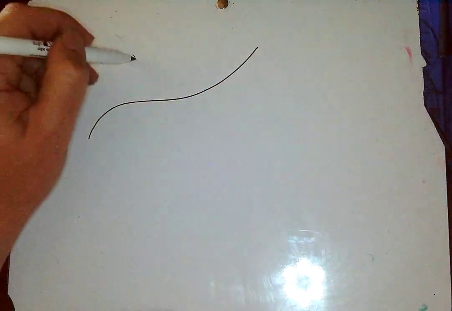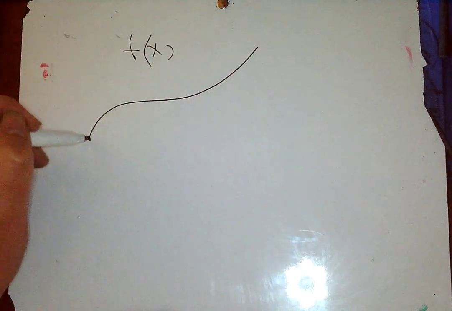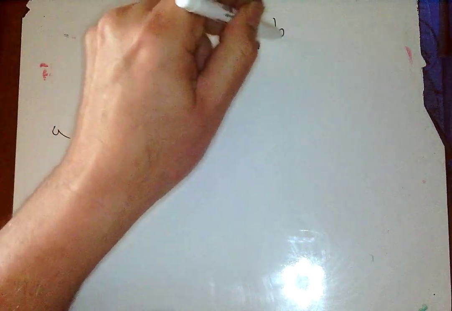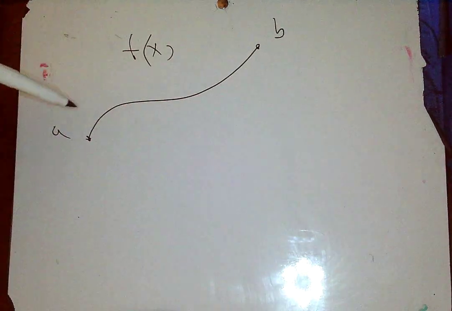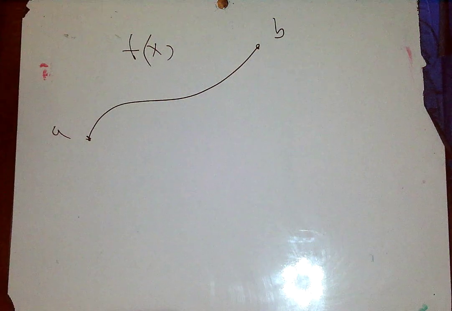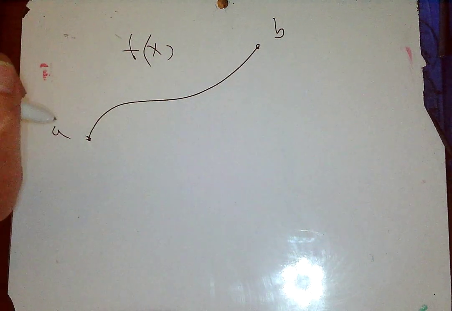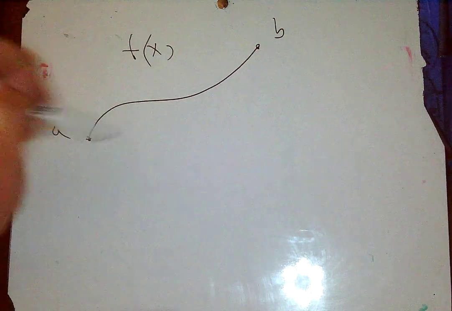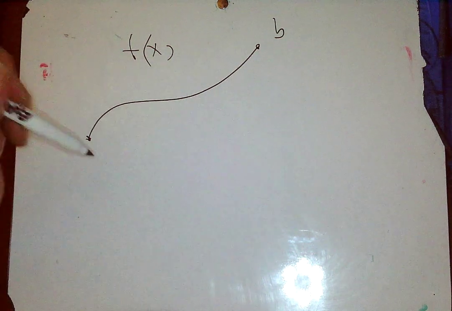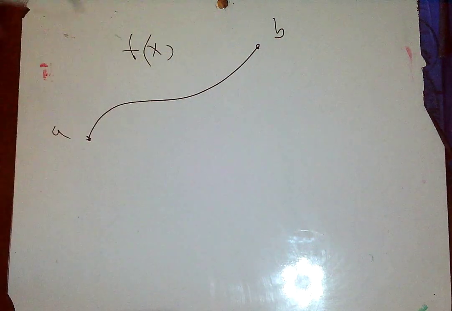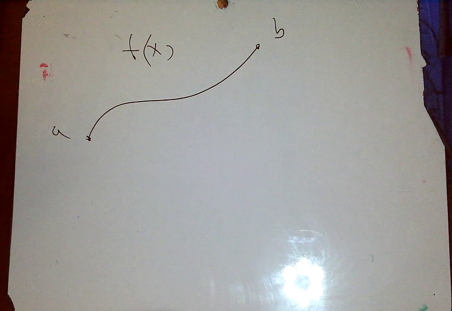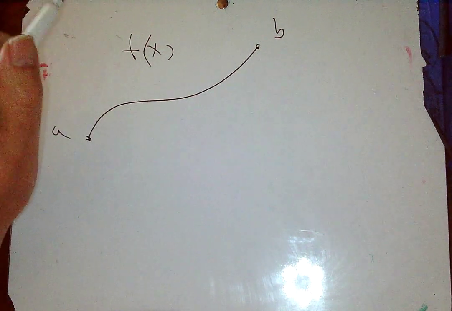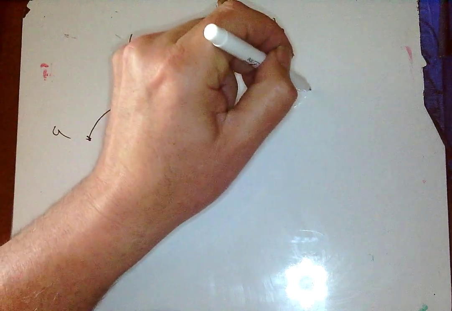Okay, I've got a curve, f of x, from a to b. Is f of x continuous on a to b? Sure it is. And remember, the extreme value theorem says if f of x is continuous on a to b, there must be a min and a max on a closed interval. And yeah, I can see that too. But I'm not talking about this.